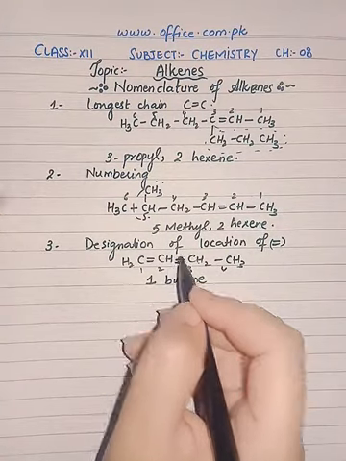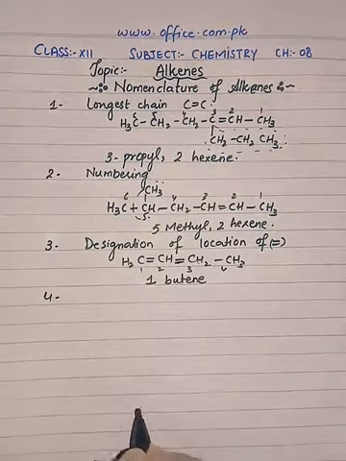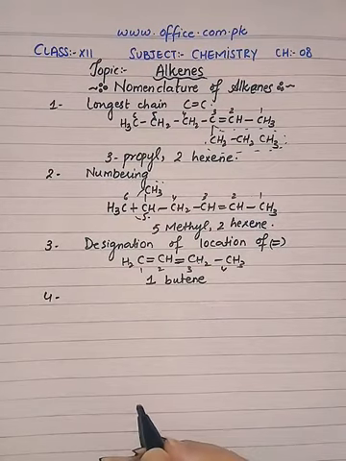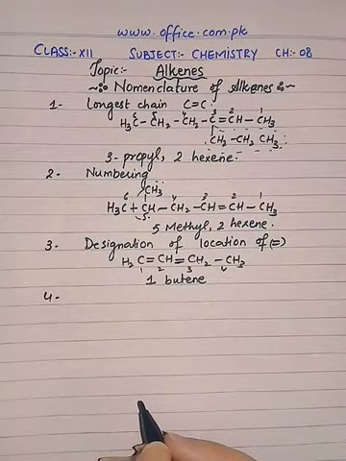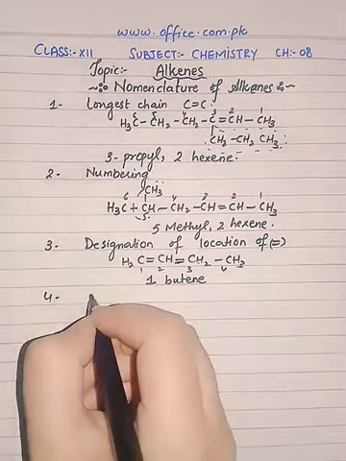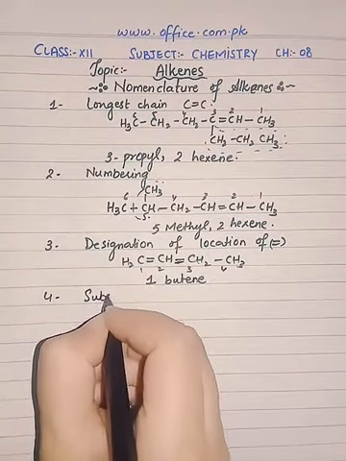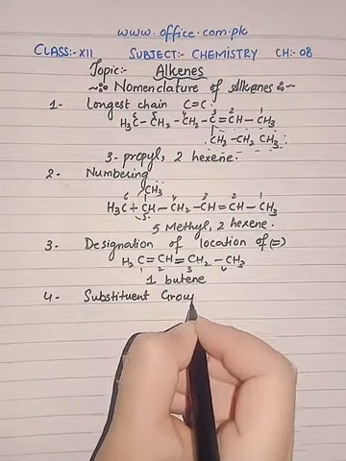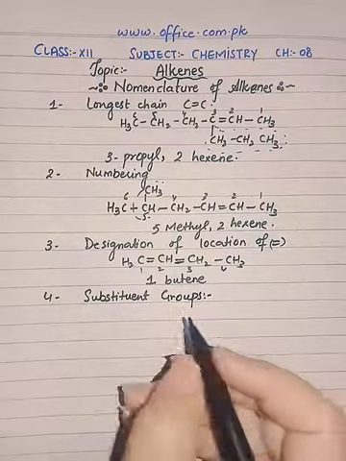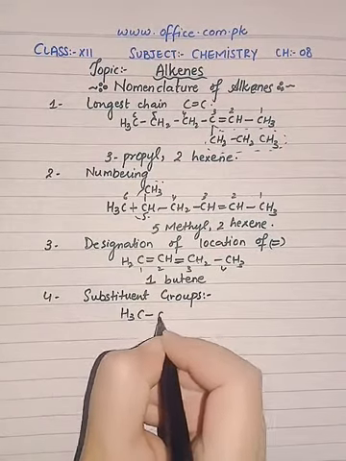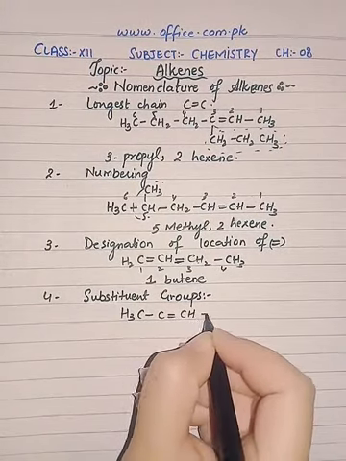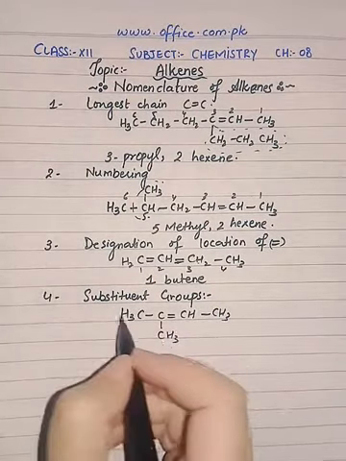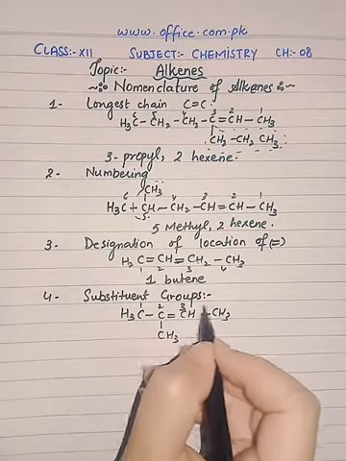Now the fourth rule is that you will indicate the location of the substituent groups or the functional groups by the number of carbon atoms to which they are attached. For example, we have, now you will start counting from here 1, 2, 3, 4.